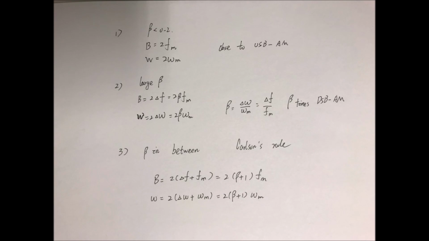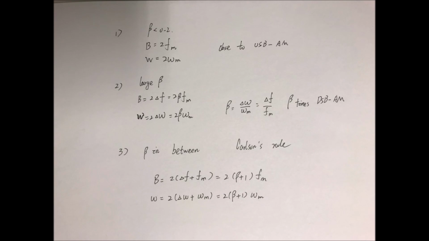So this time, my bandwidth is 2 beta times your signal's bandwidth. So compared with AM, the bandwidth will be beta times that of a double sideband AM signal, when beta is a big number.